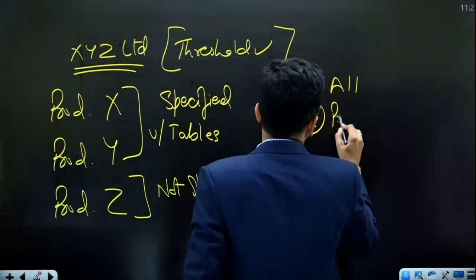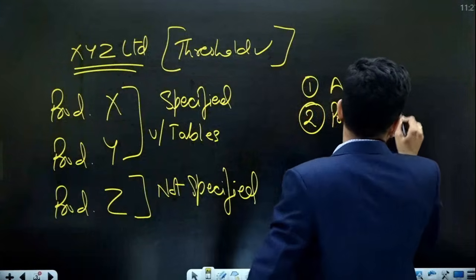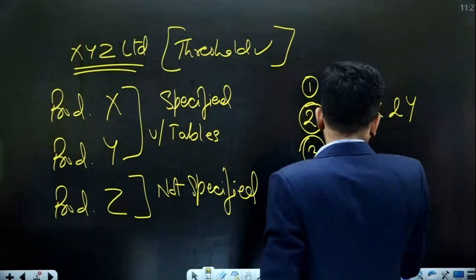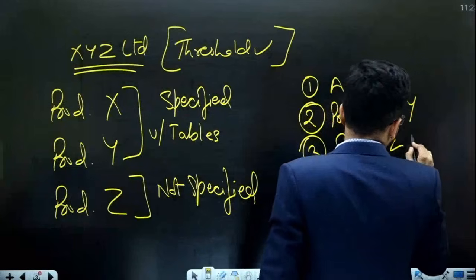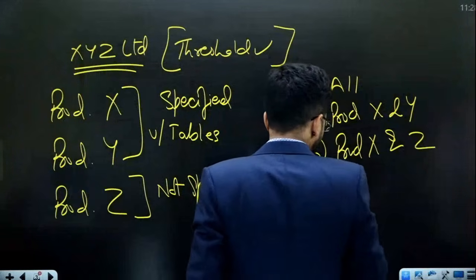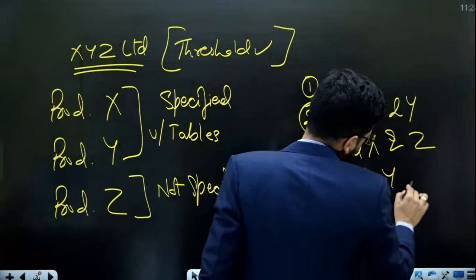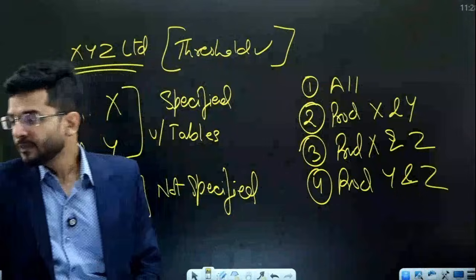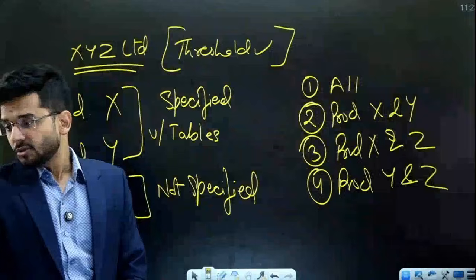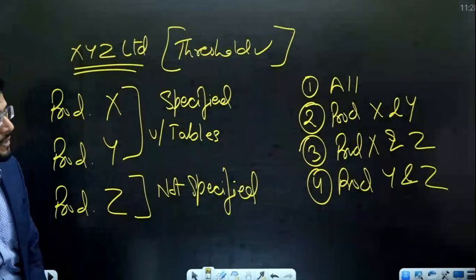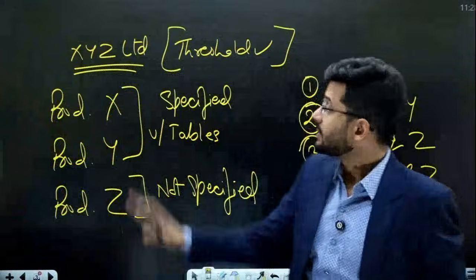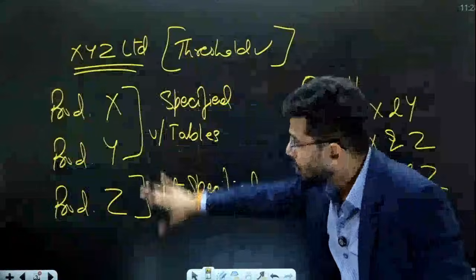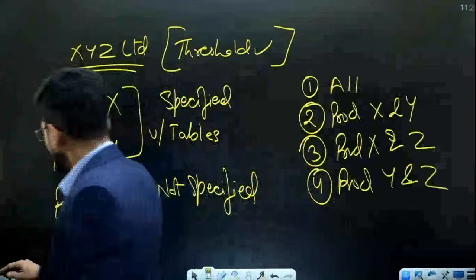Option number 2, product X and Y. Option number 3, product X and Z. Option number 4, product Y and Z. Suppose threshold limit is met. Cost records are required to be prepared of what all products as per rule 3.